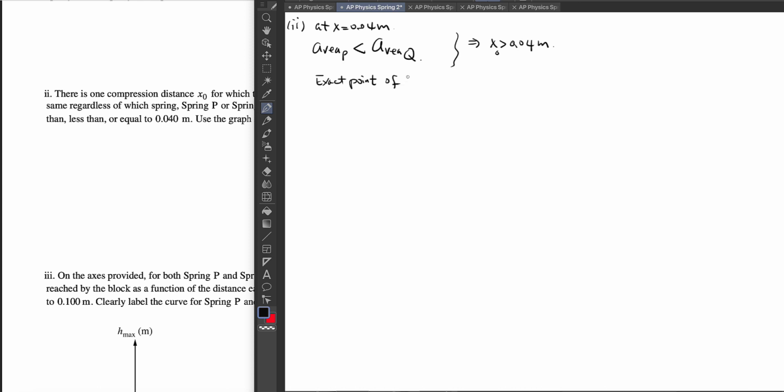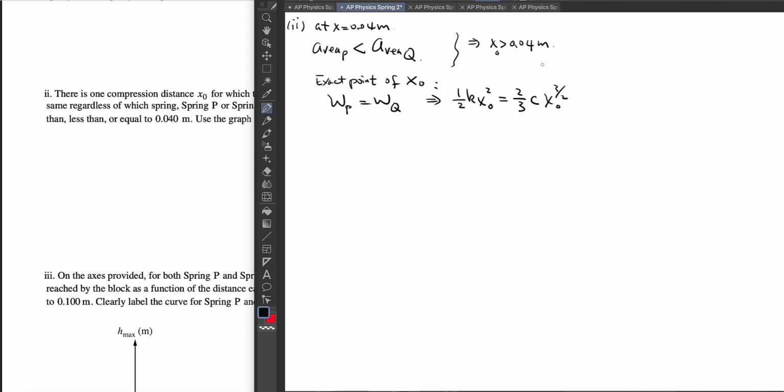For the exact point of x naught, we should write down the two works: WP equals WQ, and WP is 1/2 k x naught squared, which equals 2/3 c x naught to the power 3/2.